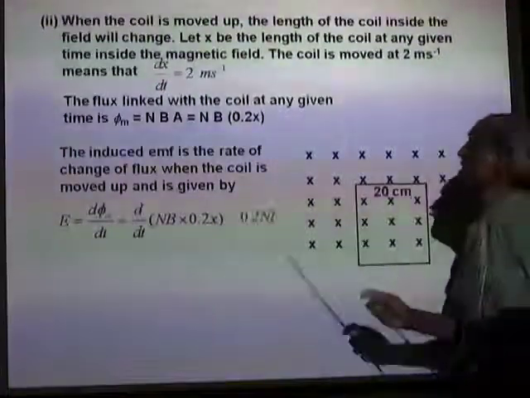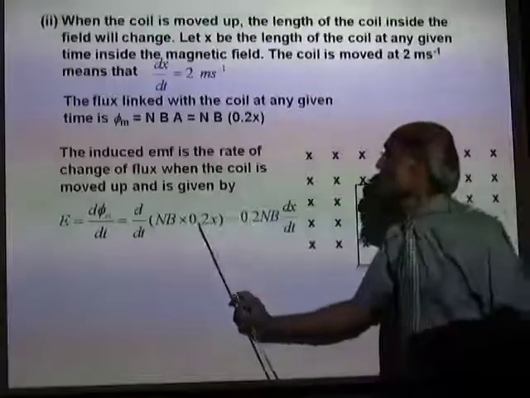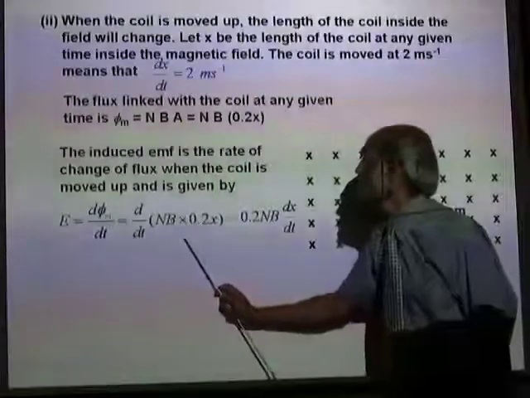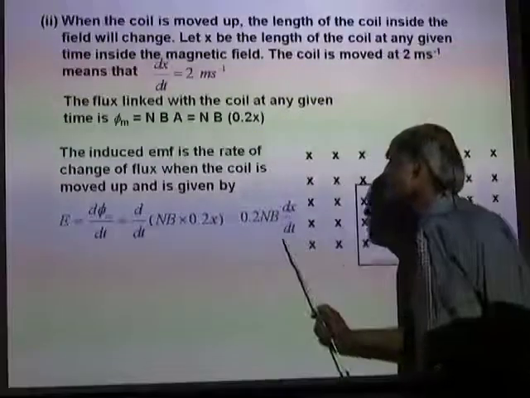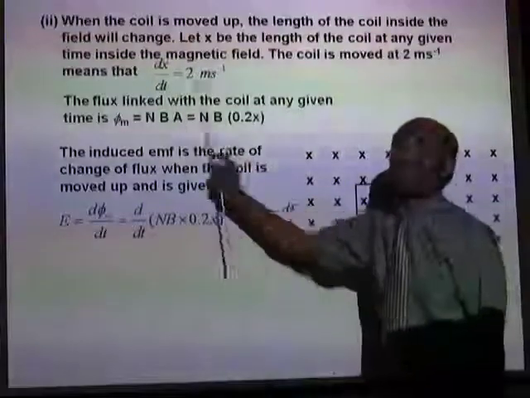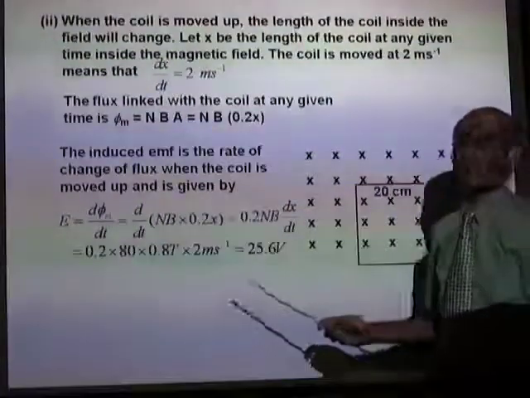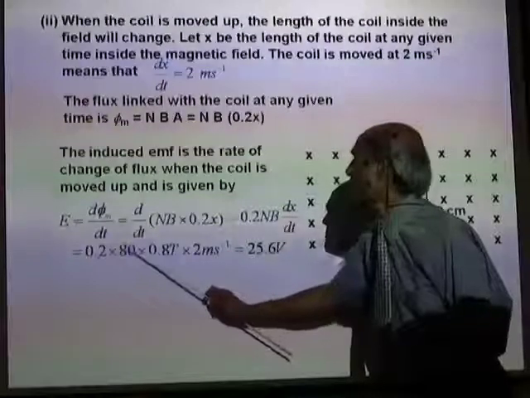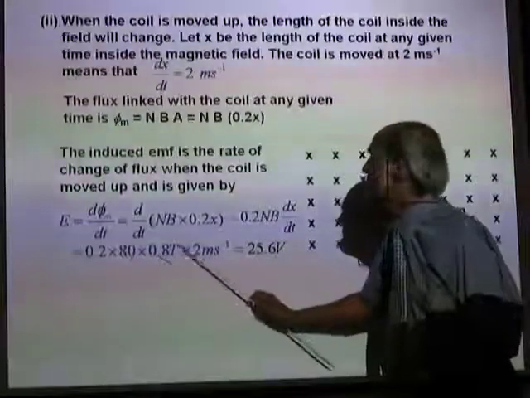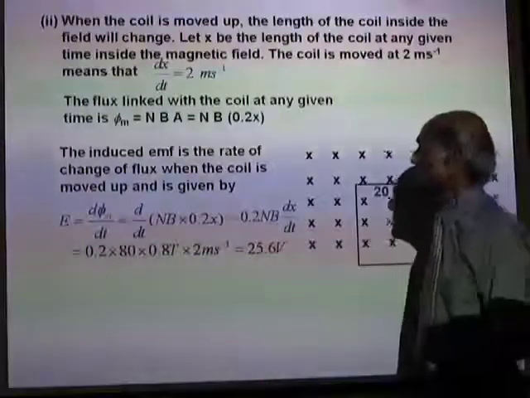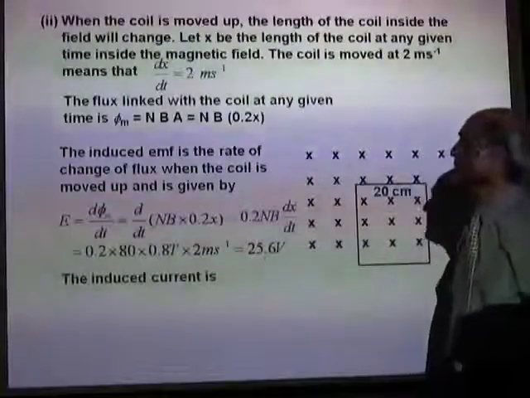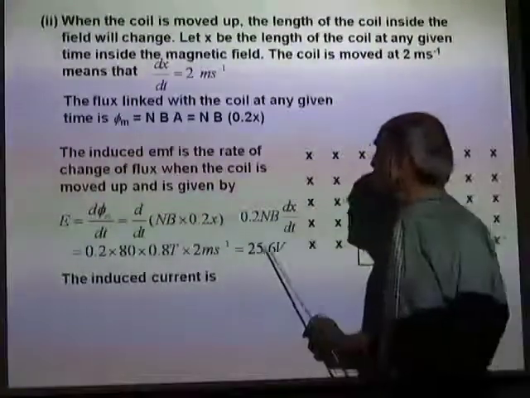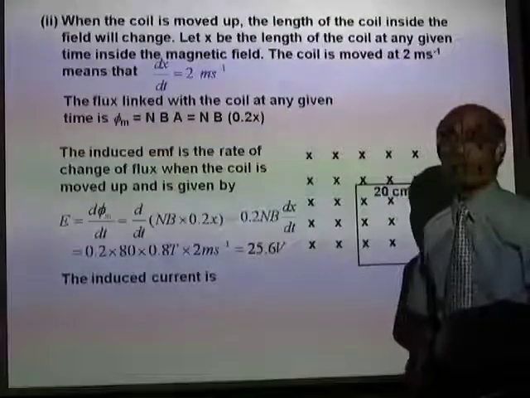And we know the rate of change of x. That will be 0.2 NB dx by dt. And we know dx by dt, that is given to us. And substitute all those. You have 0.2 times NB times dx by dt. That gives you the induced EMF is 25.6 volts.